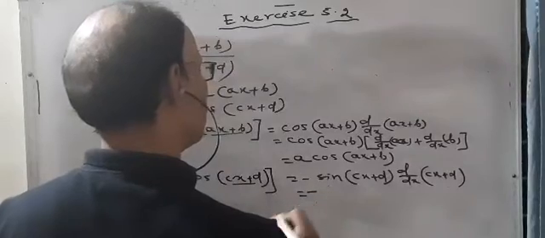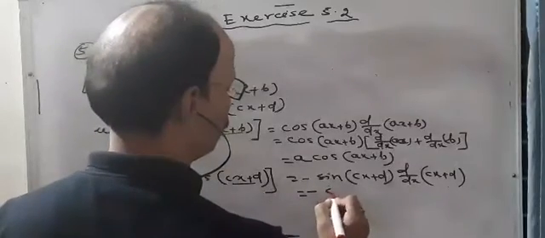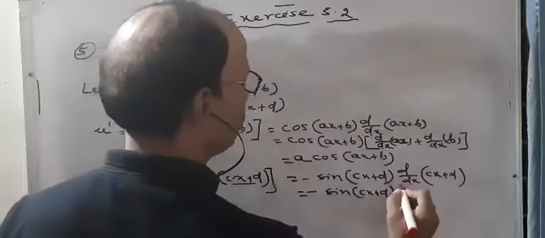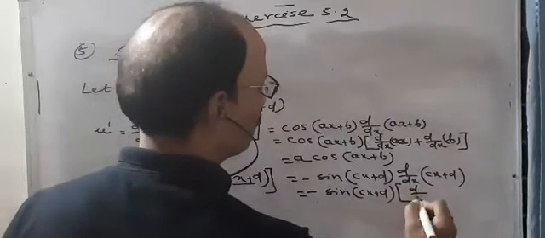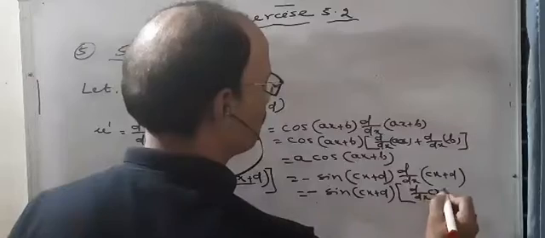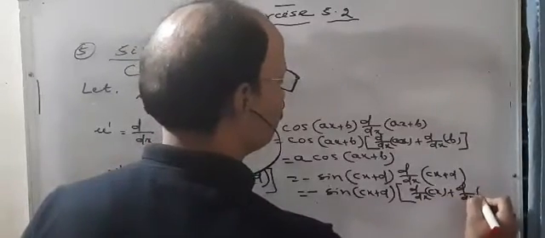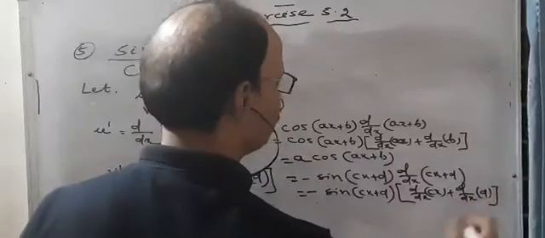So it will be minus sin cx plus d, times d dx of cx plus d dx of d.